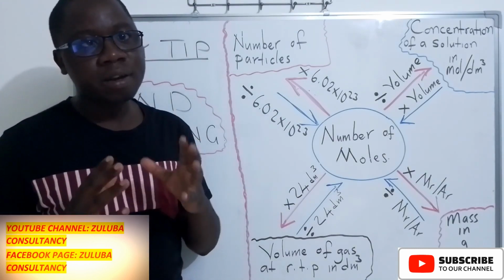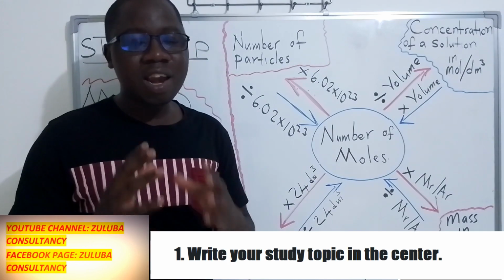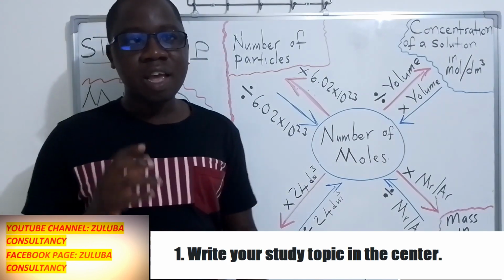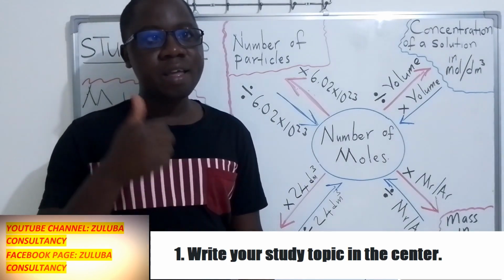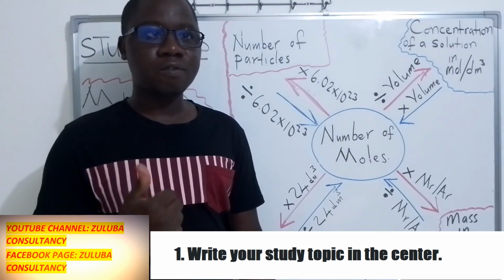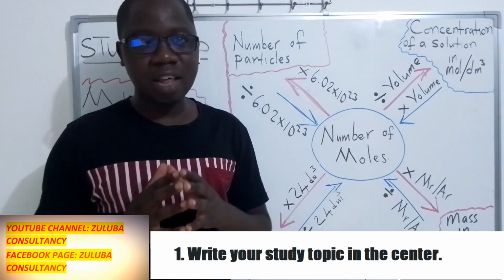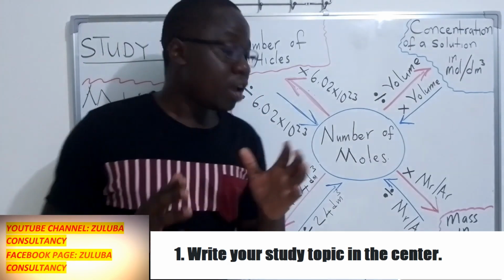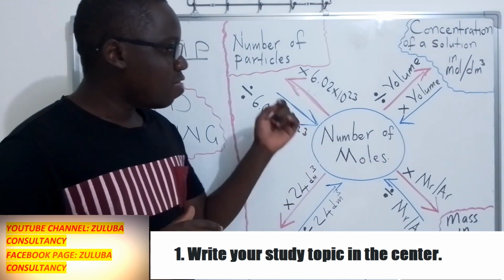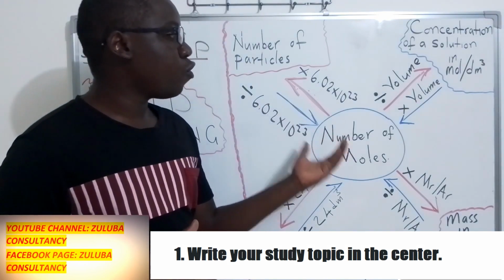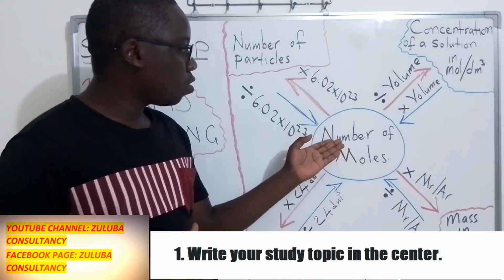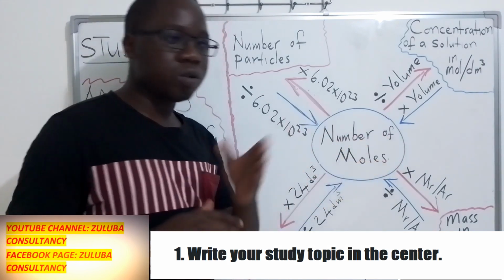comes to mind mapping. The first step when it comes to mind mapping is for you to identify the main objective of your studying that day. So in our example here, the main objective, if you are studying, is number of moles.